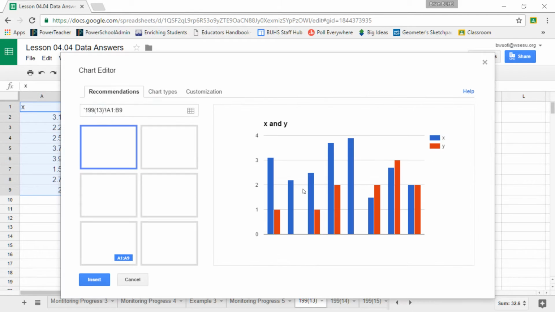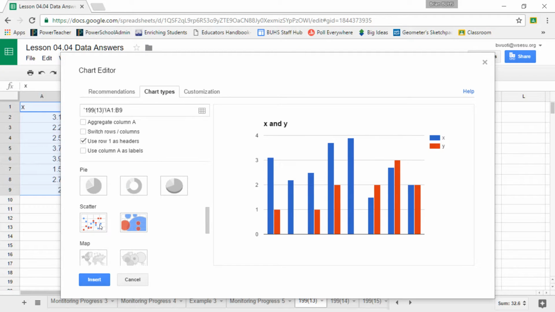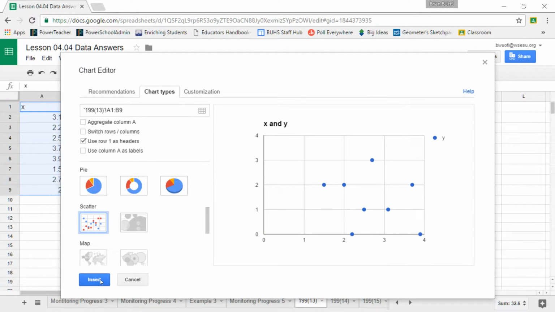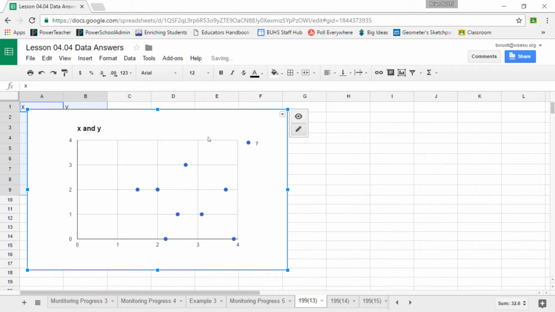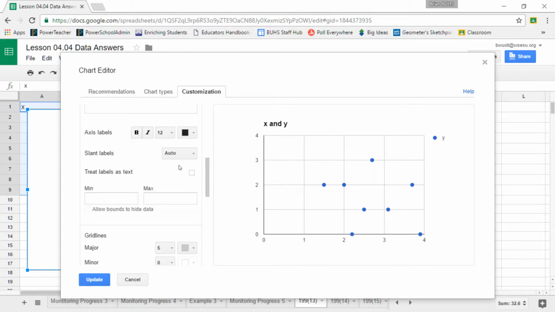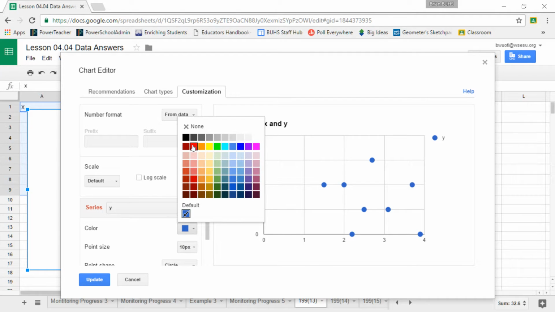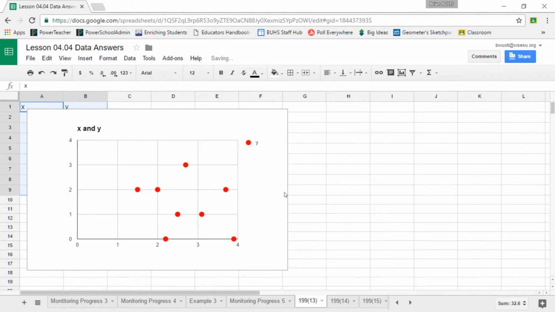I'm going to say, give me a scatter plot. Show me that scatter plot. I say insert. Actually, maybe I should advanced edit. Let me just change and customize my points. I like my points to be 10 pixels in diameter.